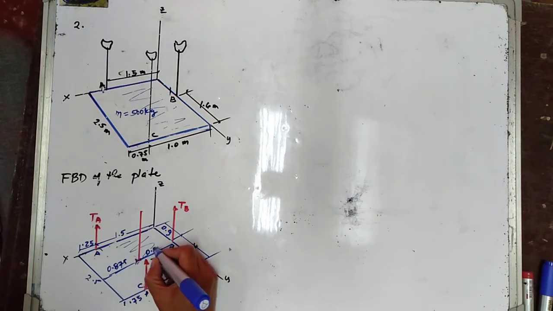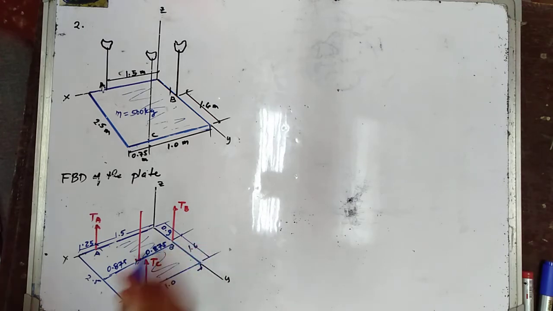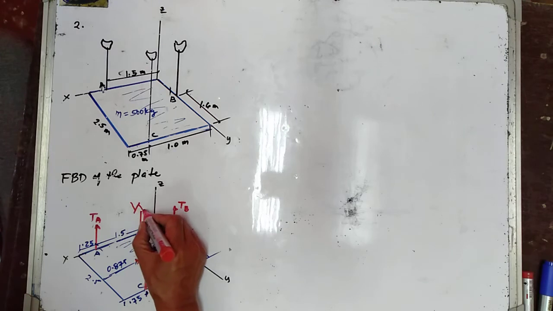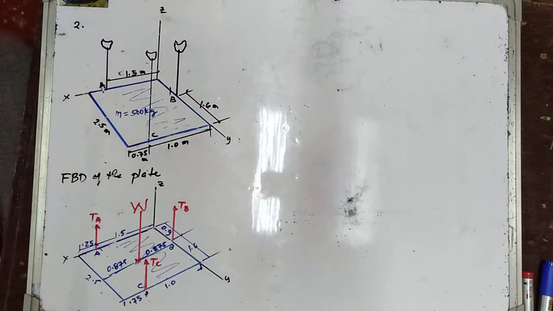This is 0.875. So this is the centroid of the plate. So that is now your weight of the plate.